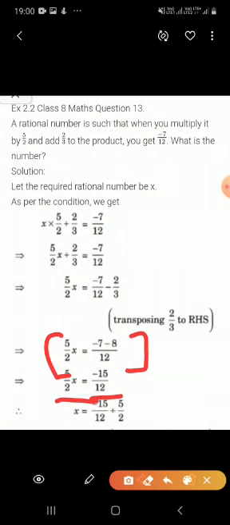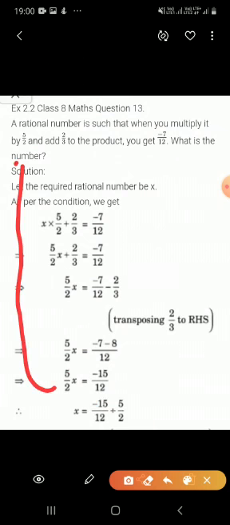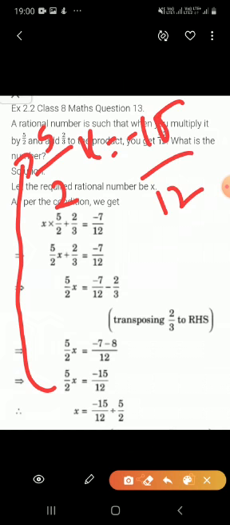Now 5 upon 2x equal to minus 15 upon 12. Now how can we solve this? In order to solve it, we'll cross multiply. 2 will go up, 5 will come down.